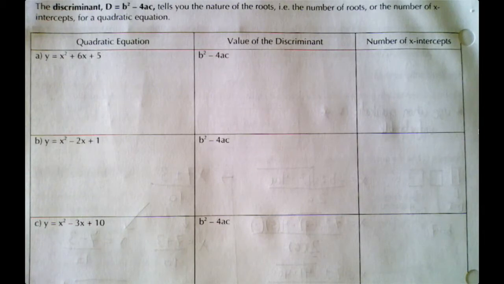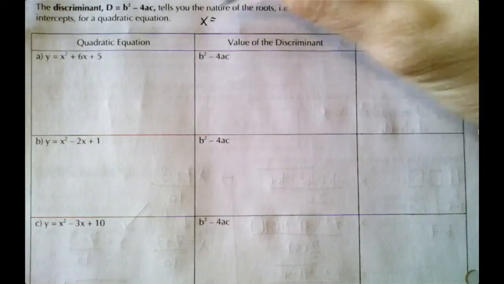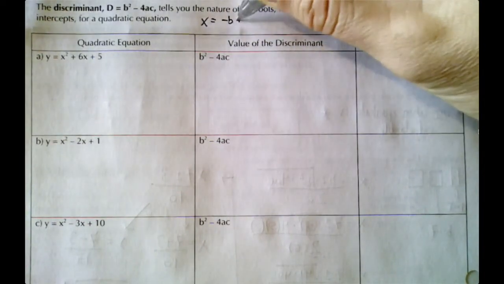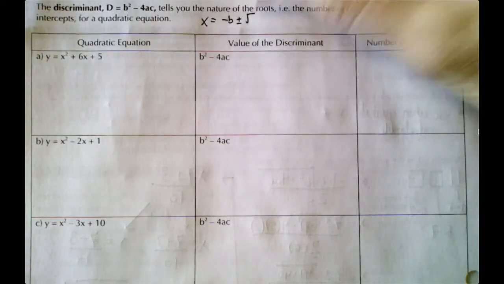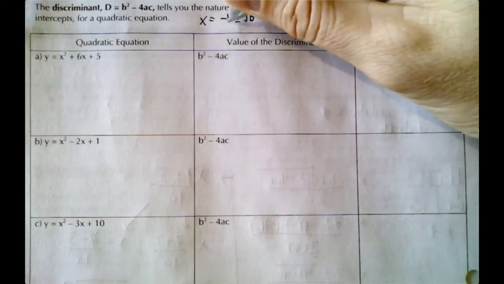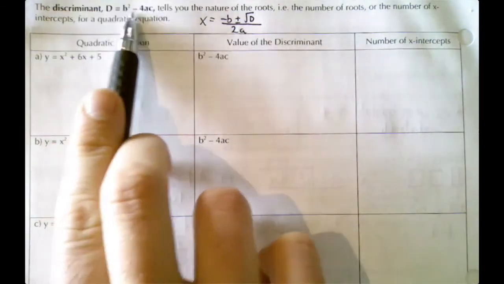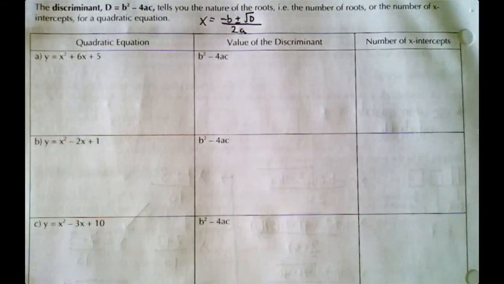So if we remember, the quadratic equation is x equals -b plus or minus the square root of b squared minus 4ac, that is, the discriminant, over 2a. That part under the square root has a special name, the discriminant, because it tells you how many x-intercepts you're going to have. Let me show you how.